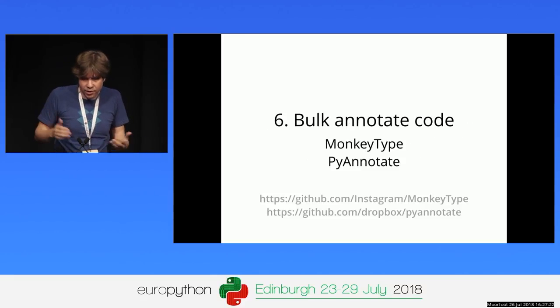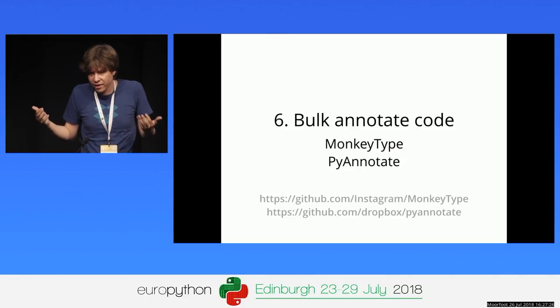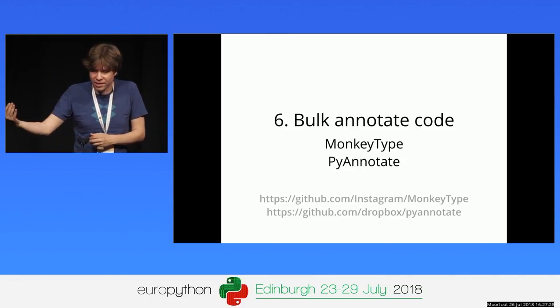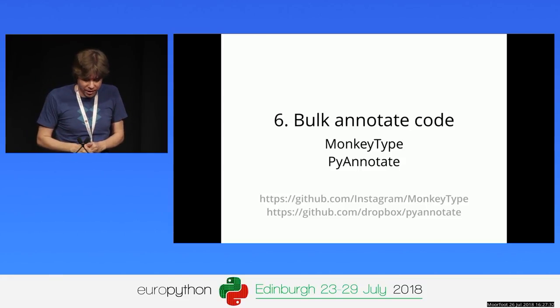And then at some point, you should probably look at your legacy code and try to start annotating that, because it will leak some imprecise types to other parts of your code base. You can do it manually. It works pretty well. It's boring, but it's not that much work. Or there are tools like MonkeyType and PyAnnotate, which let you collect types at runtime.